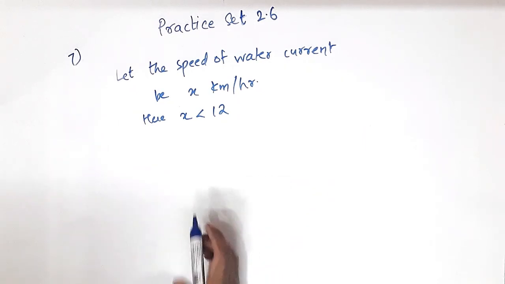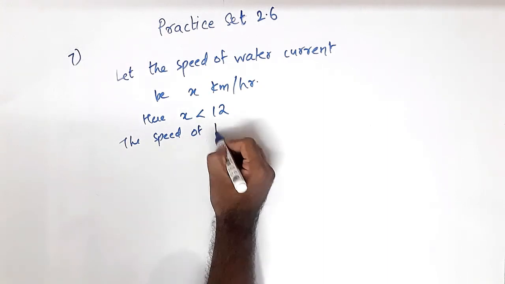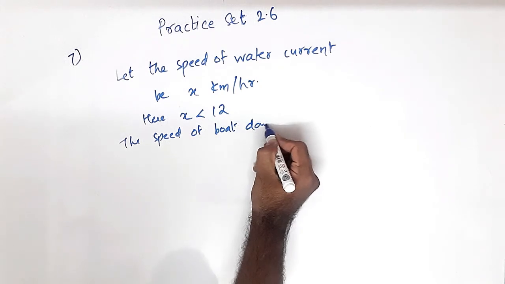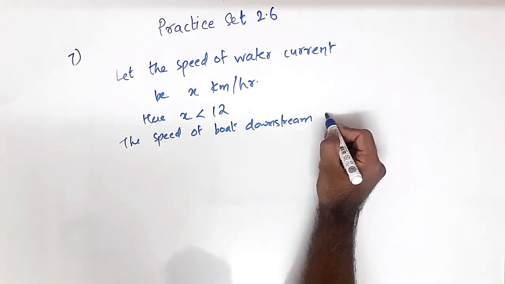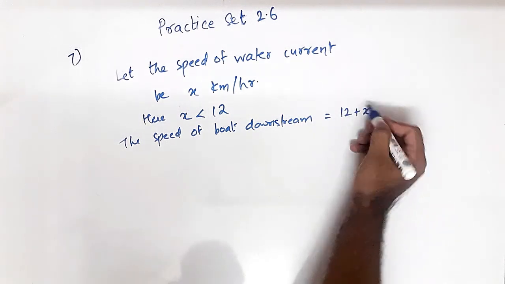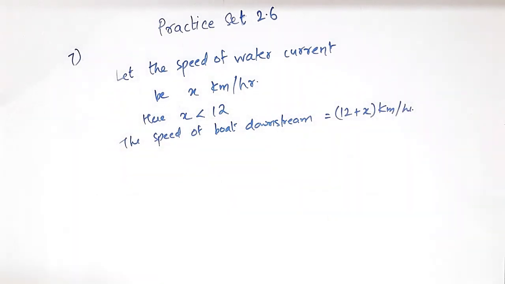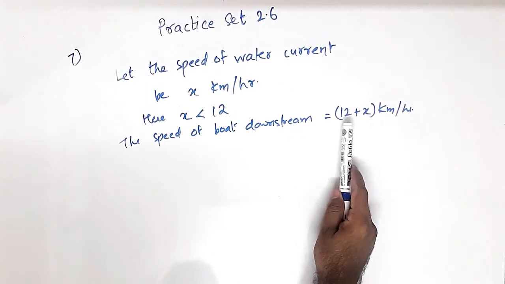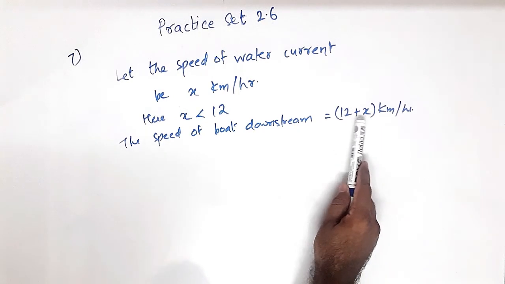So the speed of the boat downstream equals 12 plus x kilometer per hour, as it will be the speed of the boat in still water and the speed of the water current, both.